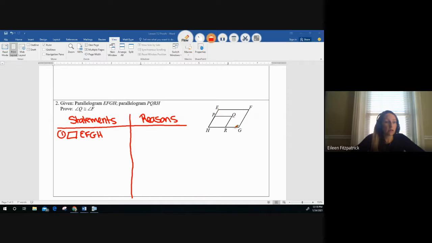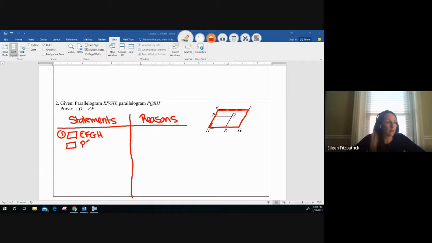So EFGH, the big, I'll trace it in red if I can. Here we go. This big figure is a parallelogram. So again, lots of facts going through my head. Opposite sides congruent, opposite sides parallel, opposite angles congruent, consecutive angles supplementary, diagonals bisect each other. We just have to figure out what pieces of that we need.